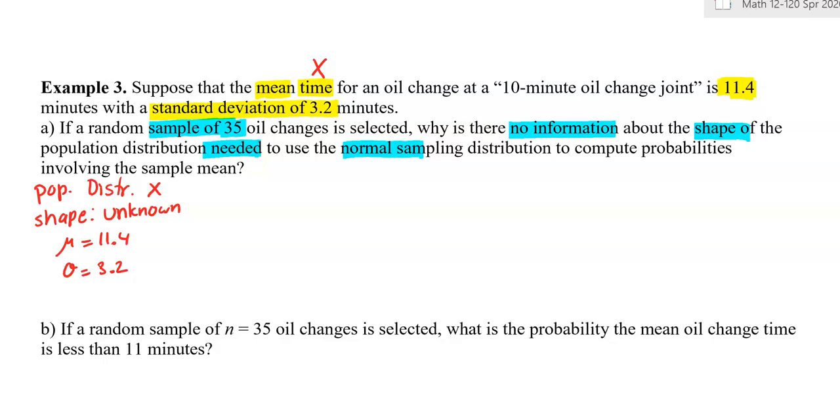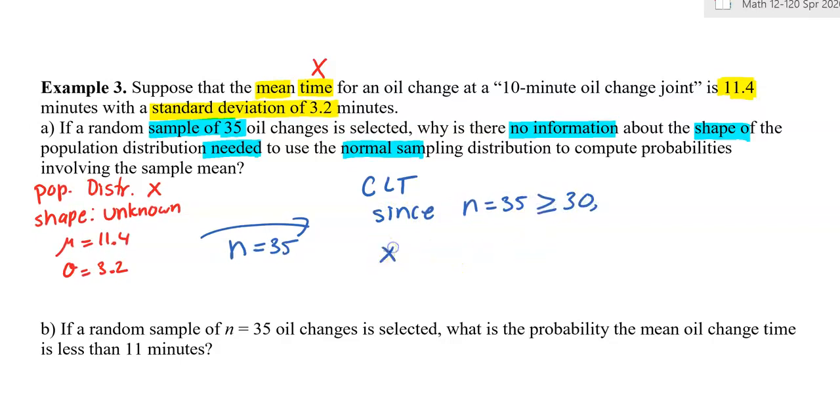Well, we know that even if we don't know the shape of the distribution, the central limit theorem says that if our sample size is bigger than or equal to 30, then the distribution for X bar is still normal. And here the sample is 35, right? So by the central limit theorem, since n equals 35, which is bigger than or equal to 30, X bar still has a normal distribution.